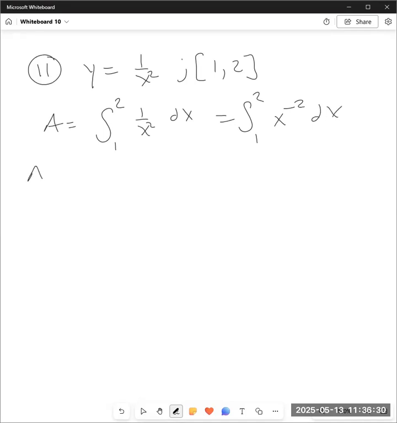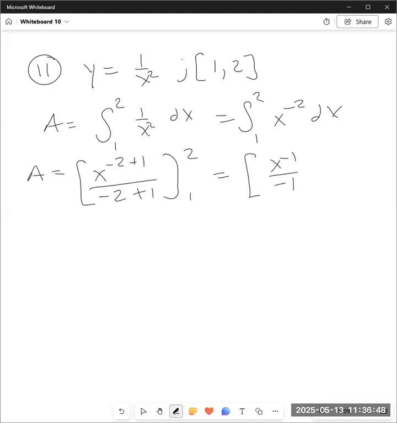So the antiderivative is going to be x to the negative 2 plus 1 over negative 2 plus 1. That all gets evaluated from 1 to 2. So that's x to the negative first over negative 1 from 1 to 2, which is negative 1 over x evaluated from 1 to 2.